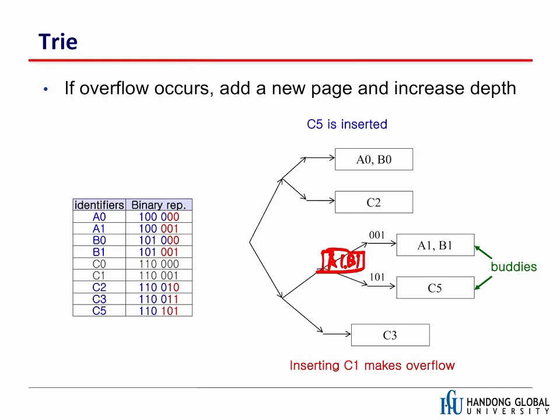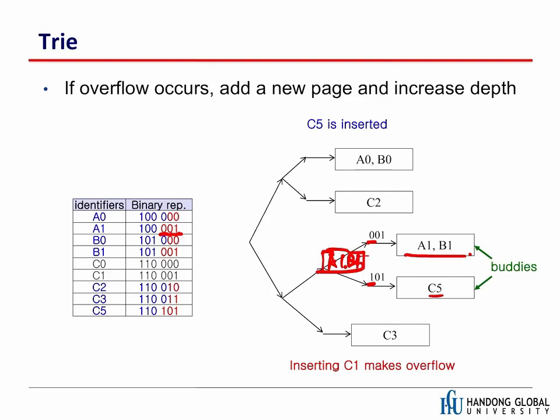So now we add 1 more bit here. a1 is here, so the first one is 1 and the second one is a 0. And then we split this bucket into 2 buckets by adding another digit. By adding 0, a1 and b1 will be in this bucket, and by adding 1, c5 will be in this bucket. Good. What if we had a1 and b5 here?